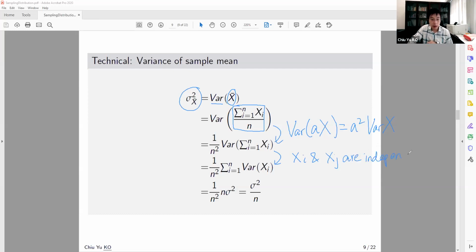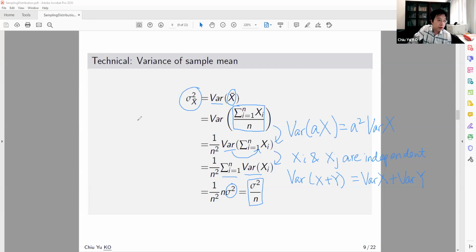And when they're independent, the variance of the sum will be the sum of the variances. So that's why you can put the variance inside, because they're independent. And each one is sigma square and there are n of them, so that's why n sigma square. And the n and n square cancel out, so that's why sigma square over n, okay? So that's the idea. Is that clear at this point?